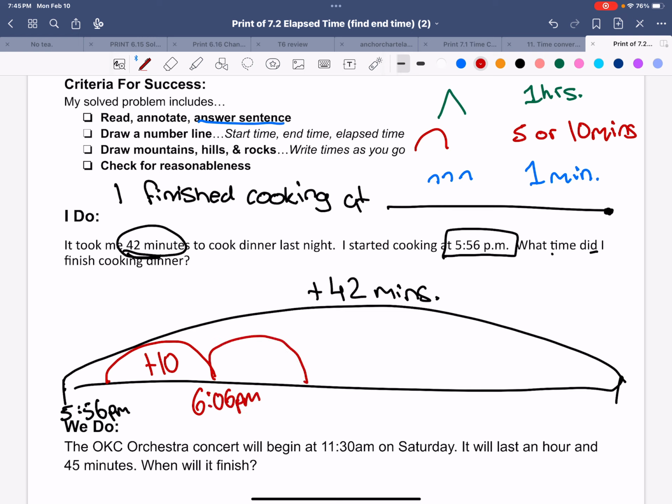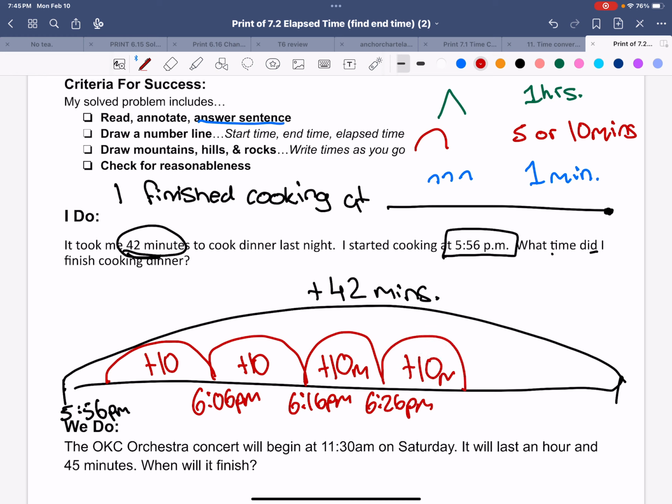So I have to add another 10 minutes. 6:16 p.m. Another 10 minutes. 6:26 p.m. Another 10 minutes gets me to 6:36 p.m. Now that's 40 minutes already. 10, 20, 30, 40.